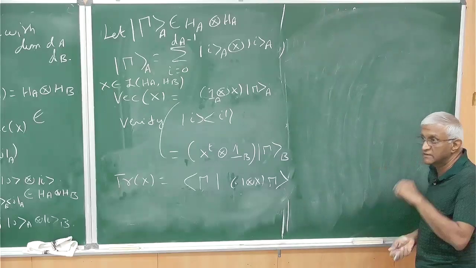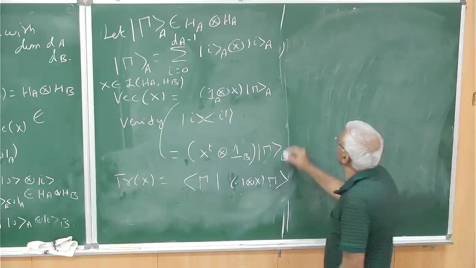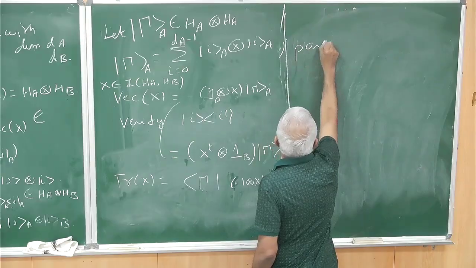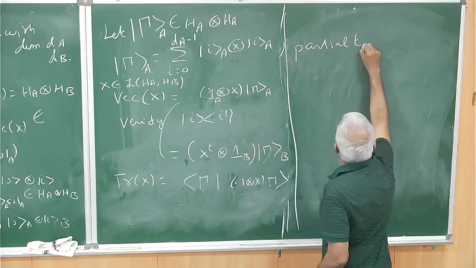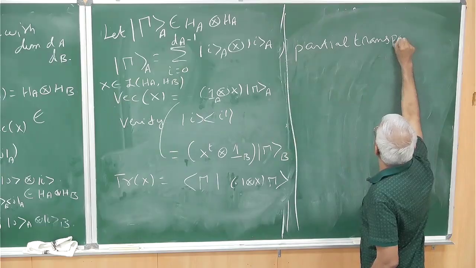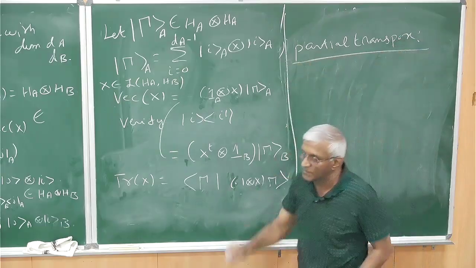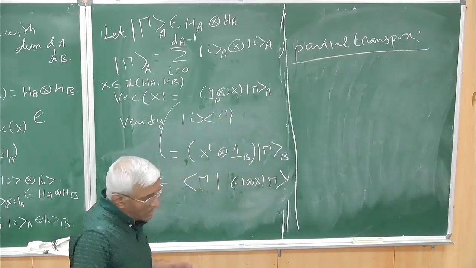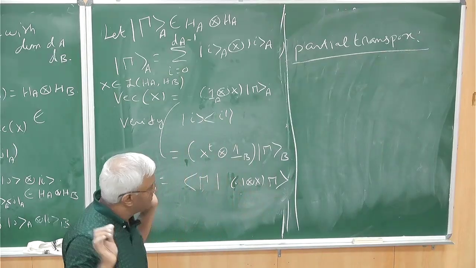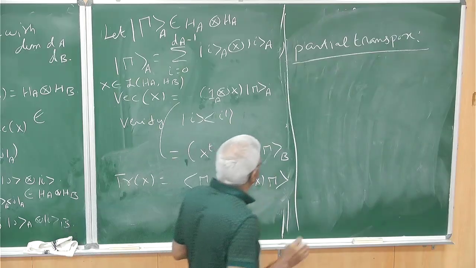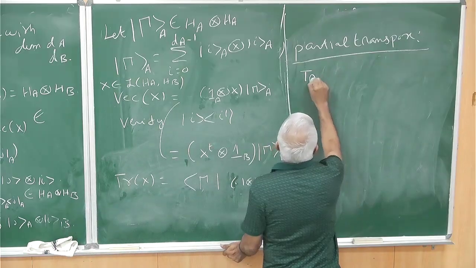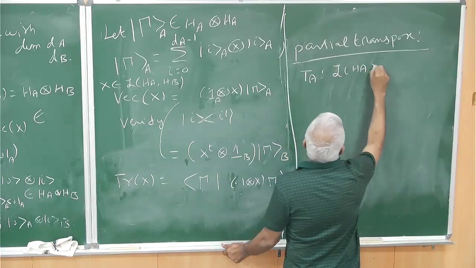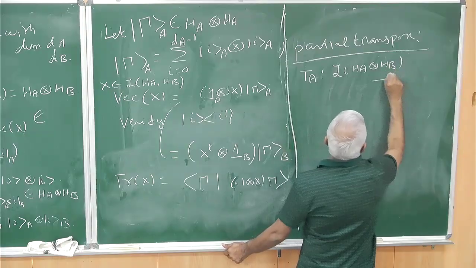Now I want to define what is called the partial transpose. Partial transpose is just taking the transpose in one of them. It is TA, the partial transpose from L of HA tensor HB to L of HA tensor HB.